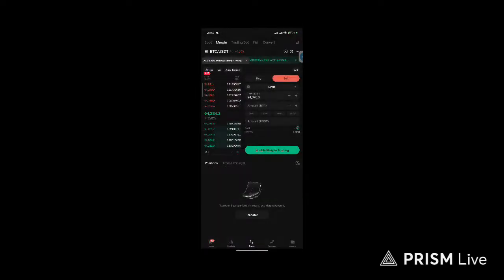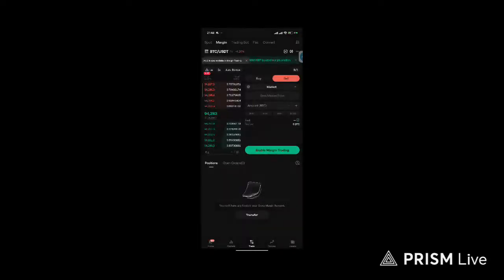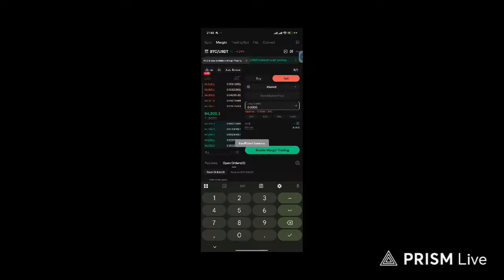Now base price, right? Amount of BTC, you want to put 20 and you shift it to 100%.